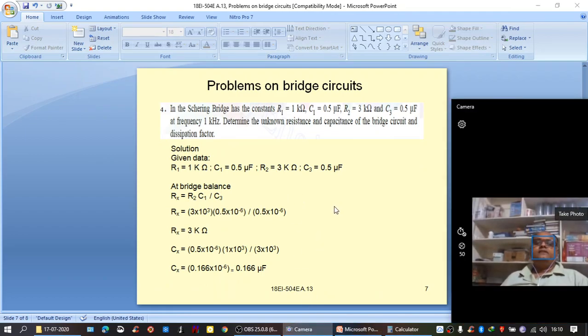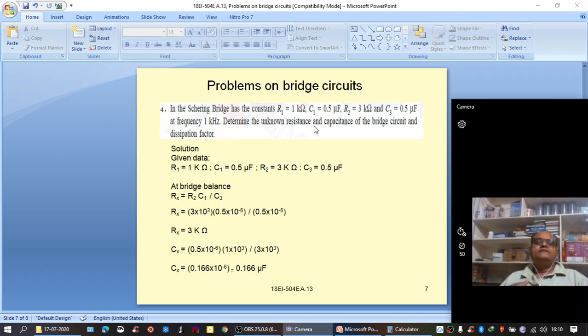And another example is on Schering bridge. The Schering bridge has the constants R1 equal to 1 kilo ohm, C1 equal to 0.5 microfarads, R2 equal to 3 kilo ohms, and C3 equal to 0.5 microfarads at a frequency of 1 kilohertz.